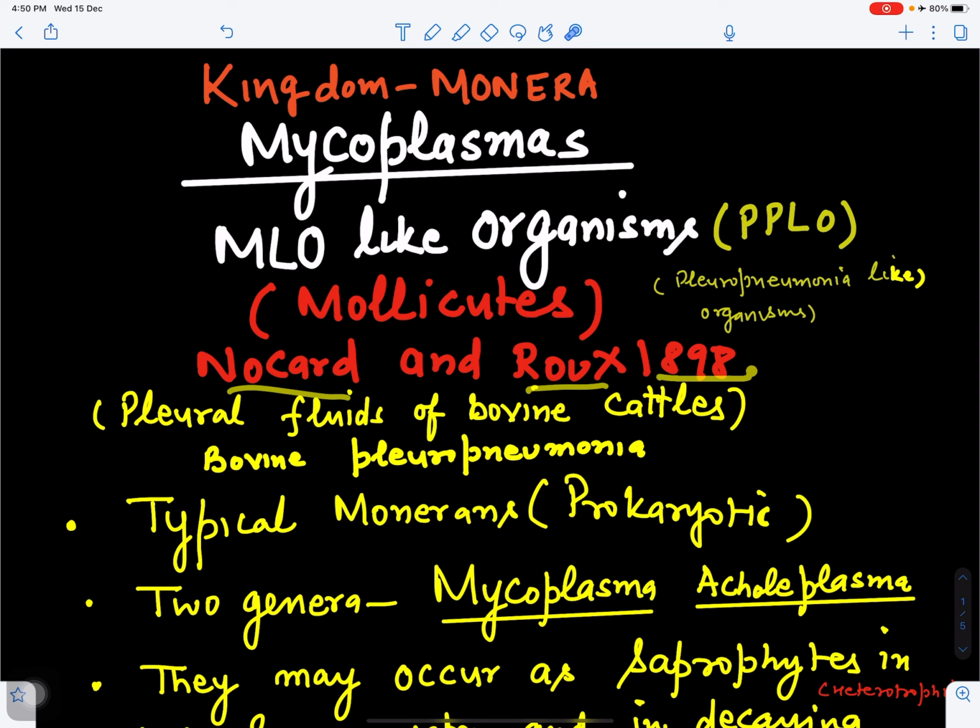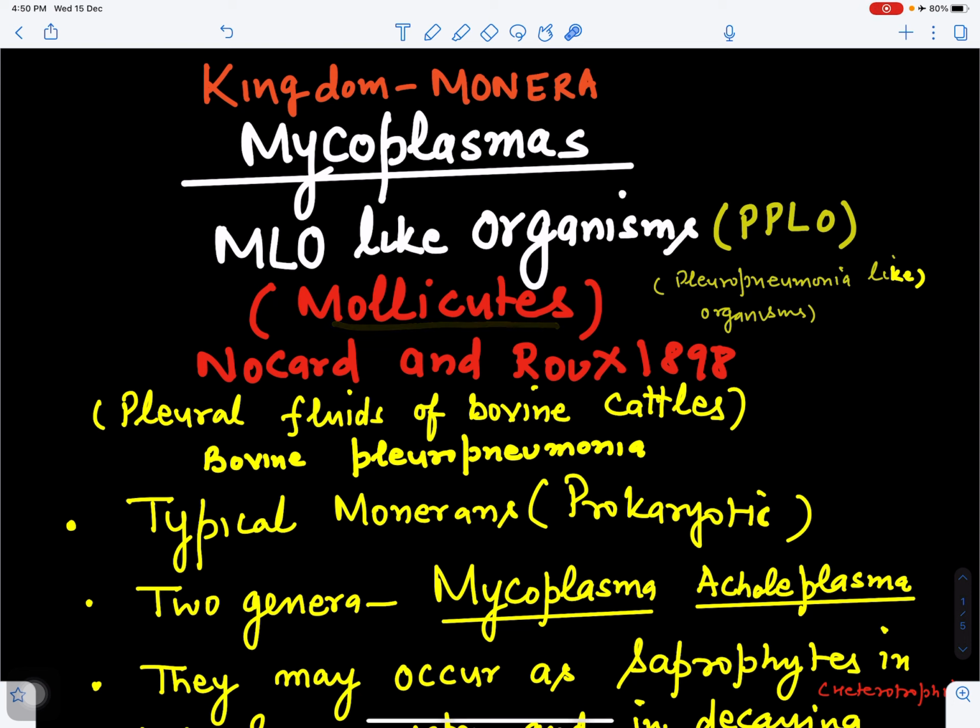They were French scientists. They discovered mycoplasma from pleural fluids of bovine cattle which were suffering from bovine pleuropneumonia. So, from that fluid, they discovered mycoplasma. Later on, in 1966, the International Committee of Nomenclature of Bacteria classified mycoplasma and placed them under class Mollicutes. Mollicutes means having very soft skin.